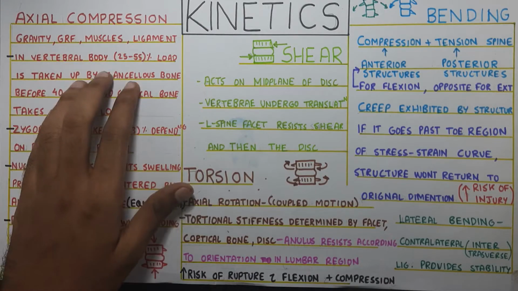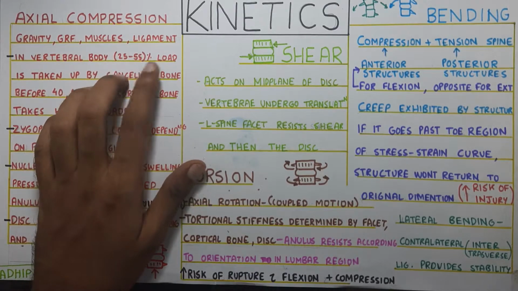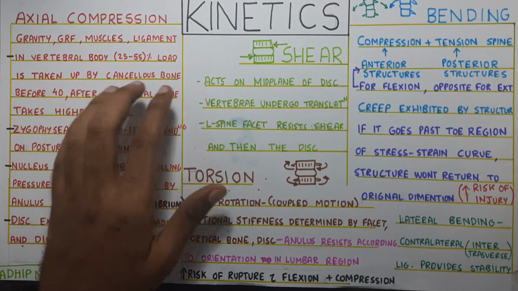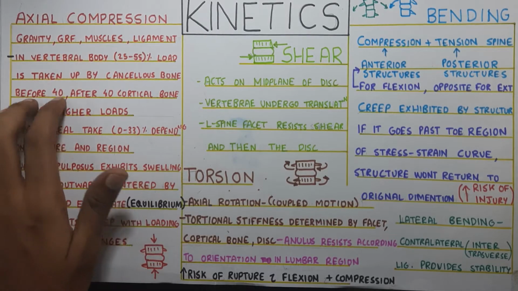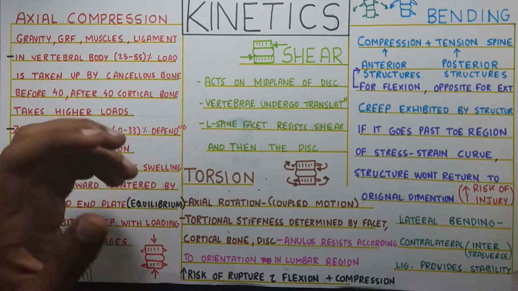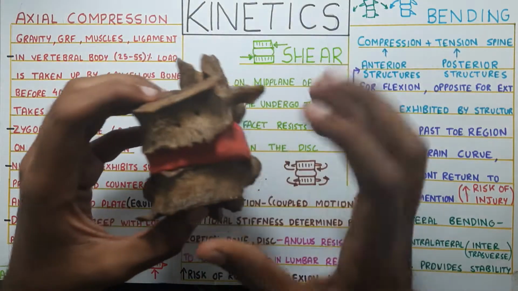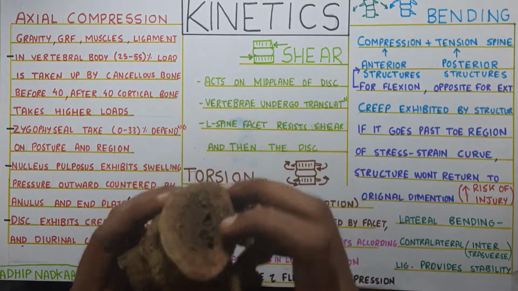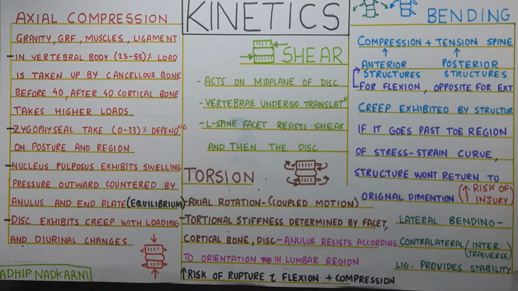In the vertebral body, 25 to 55% of the load is taken up by your cancellous bone before 40. This is the age. Before age 40, the compressive force that we were talking about is taken up by your cancellous bone. Cancellous is the porous bone we have talked about in the previous videos. And as you cross 40, what happens?